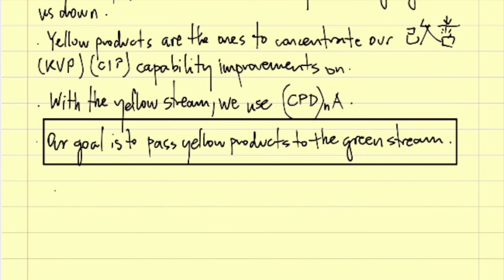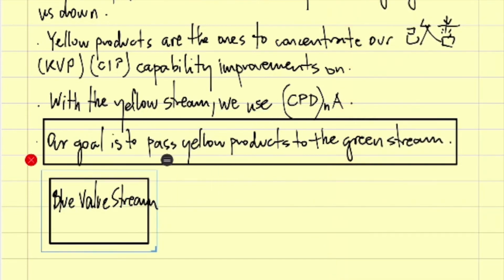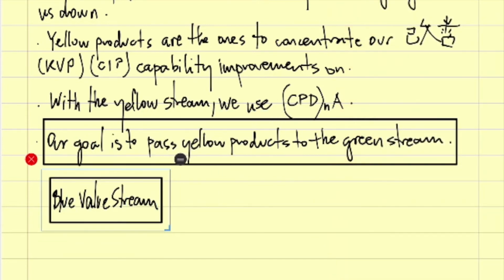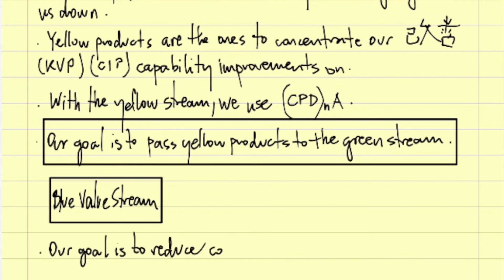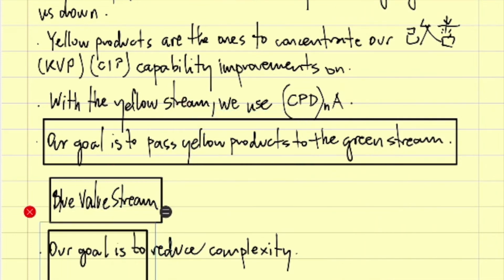So what about the blue value stream? The blue value stream is all about reducing complexity, okay? So our goal is to reduce complexity.